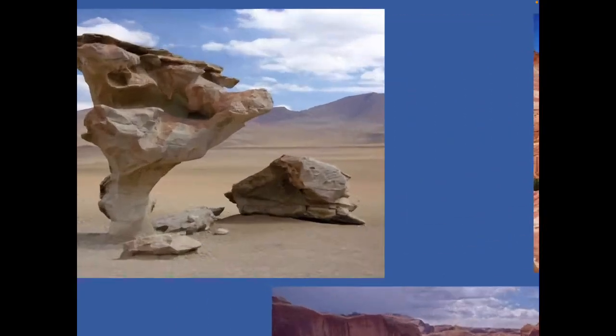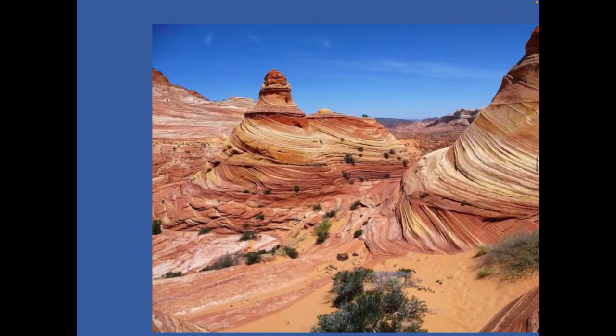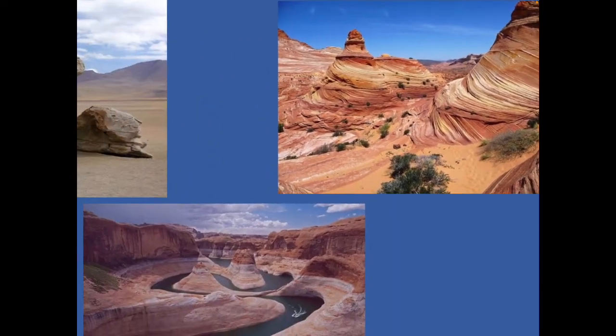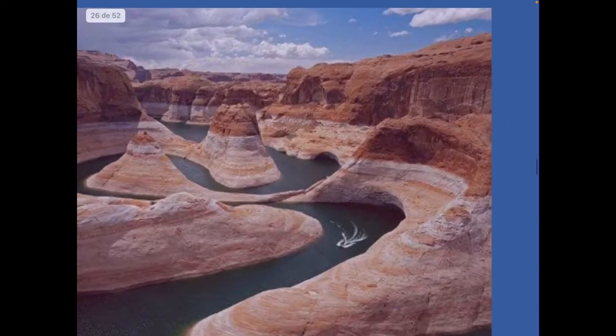So in here we have several examples. This rock was clearly eroded by the wind. So wind can be so strong that it can actually defeat rock. And in here we have the example of two canyons, and these canyons were caused by the effect of runoff. So remember that runoff is when water moves on the surface of Earth, and that is going to be moving materials.